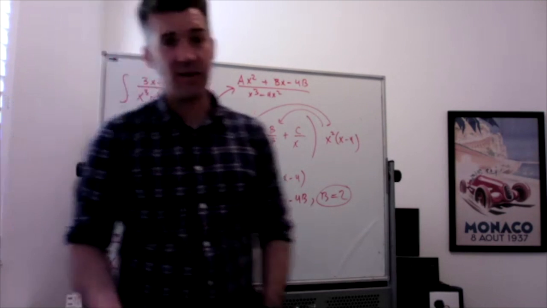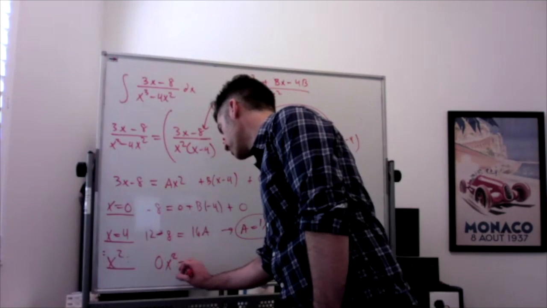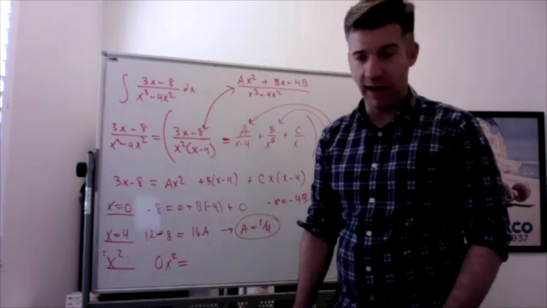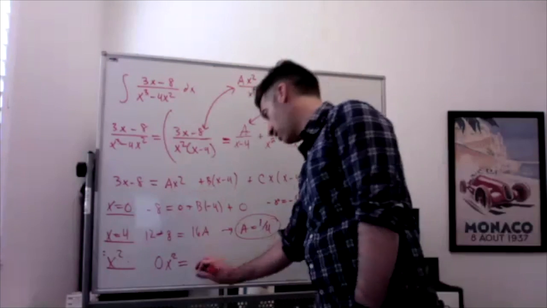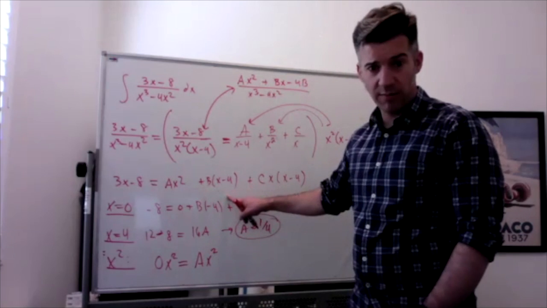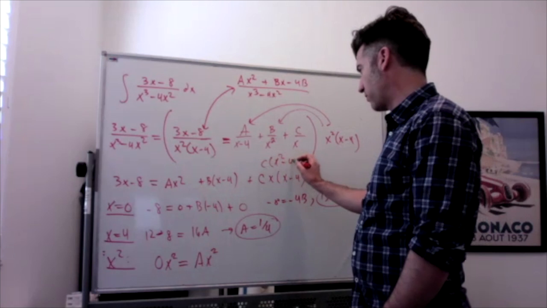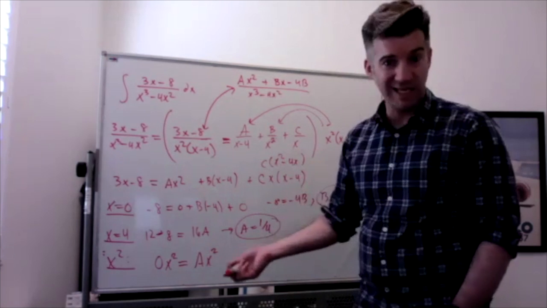Well, on the left side, I have 0x squared. On the right side, how much x squared do I have? Well, I have an a times an x squared. I don't have a b times an x squared. If I multiply this out, this is c times x squared minus 4x. I would definitely have a c times x squared.